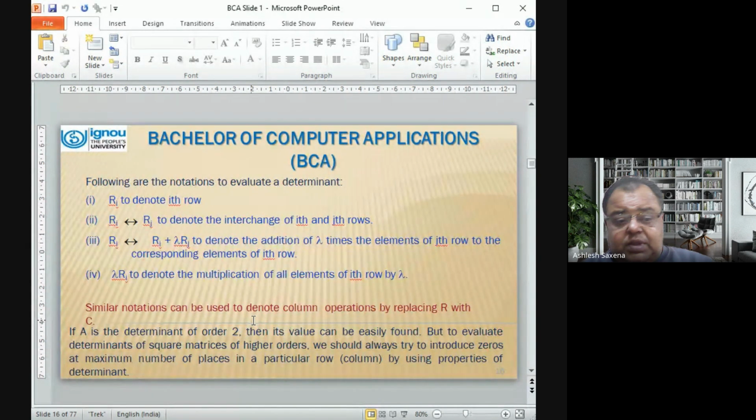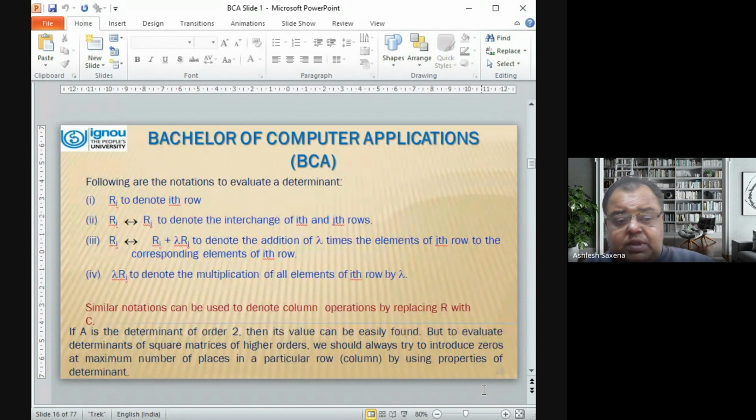I'm repeating it. If A is a determinant of order 2, that means it is a 2 by 2 matrix. Its value can be easily calculated. But if it is of a higher order, that means we will be going up to a 3 by 3 matrix.